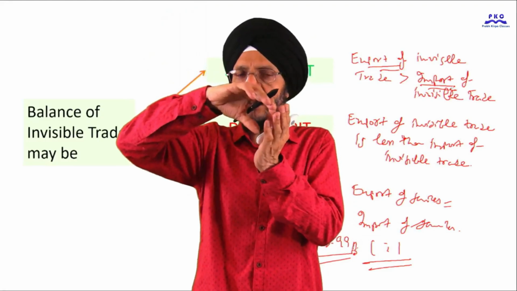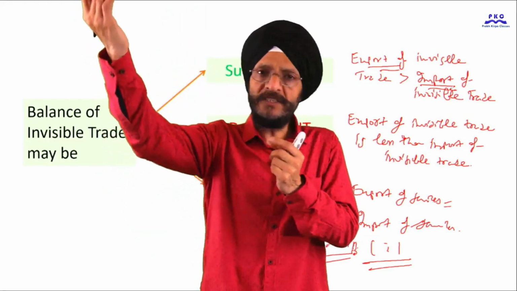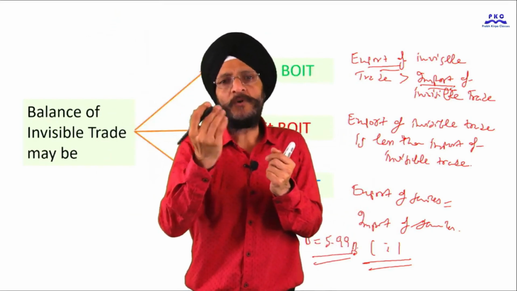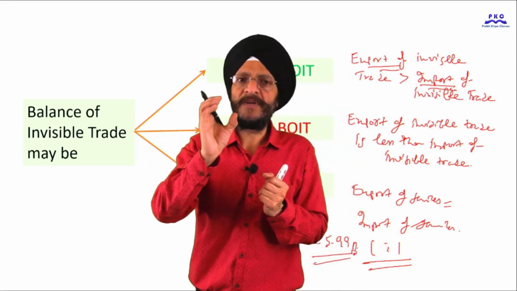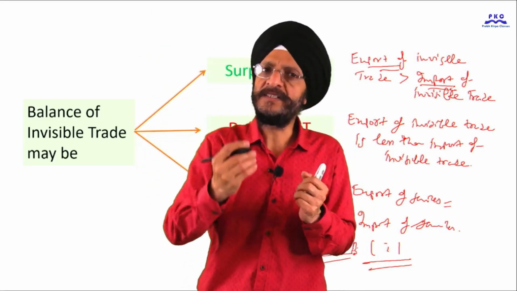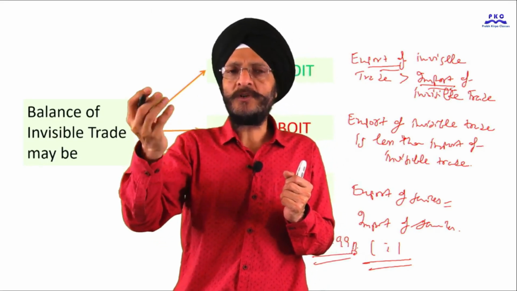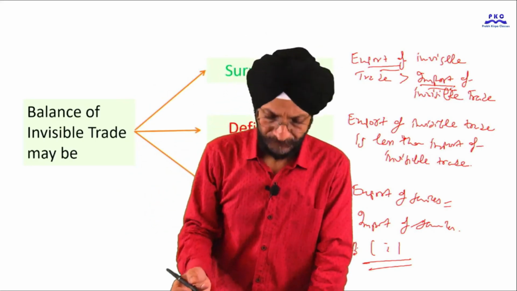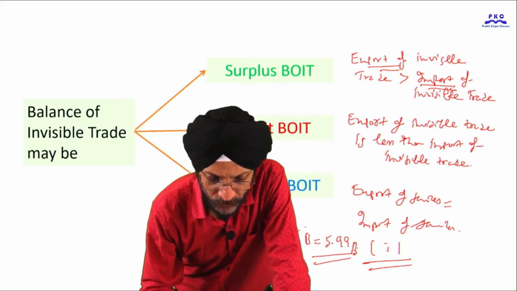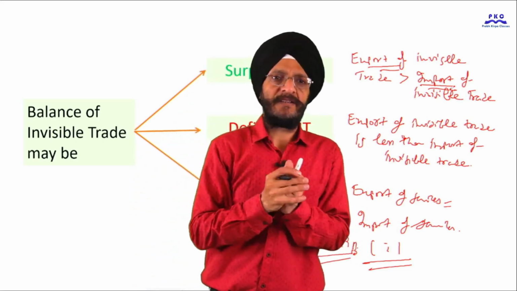That is, exports are more, imports are less, so there is net flow of foreign exchange. So it may utilize this excess money which it is getting due to high exports for improving its economy, or it may use it to reduce its debt.